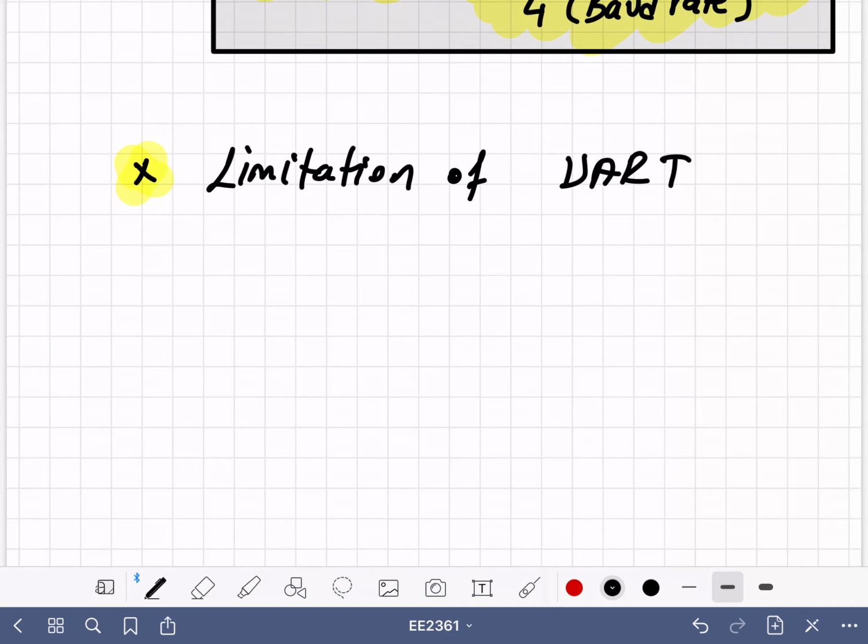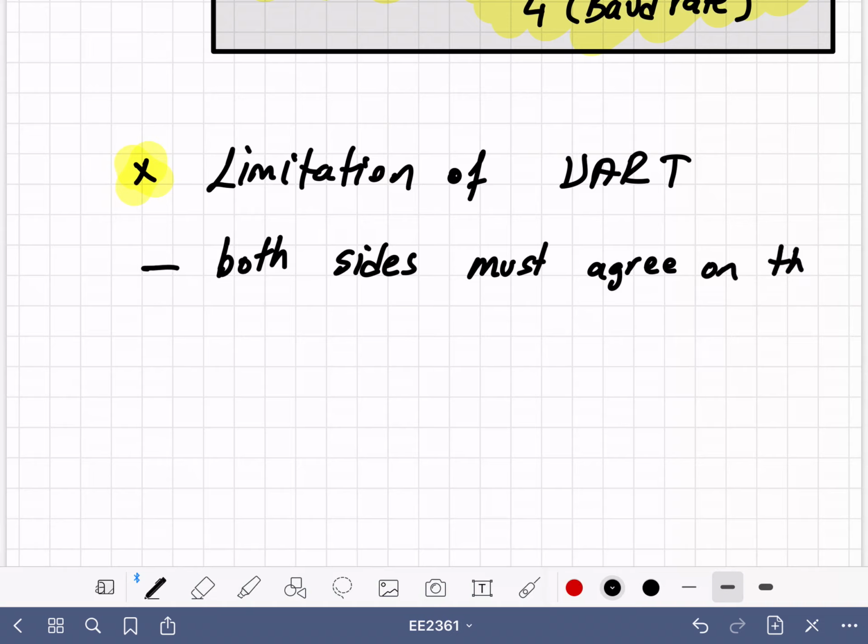Well, one limitation is that both sides must agree on the baud rate ahead of time, right? Okay, so that's one limitation.